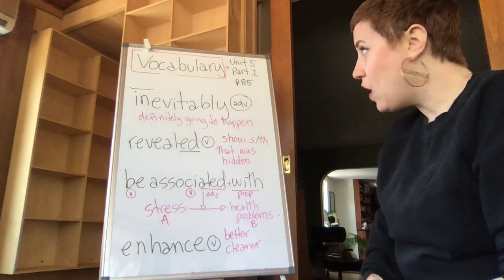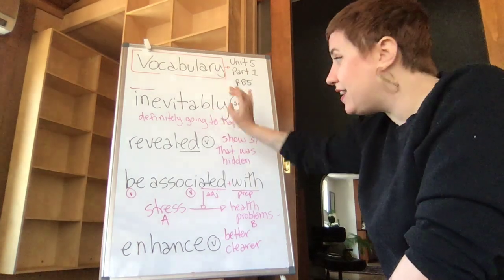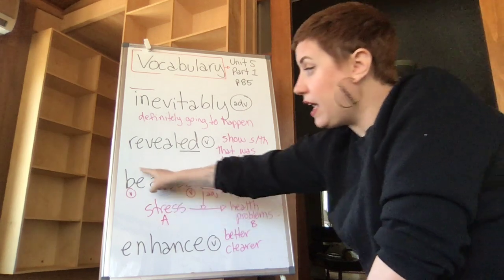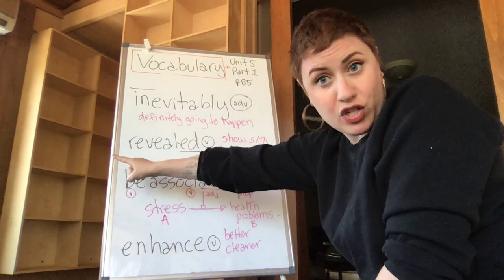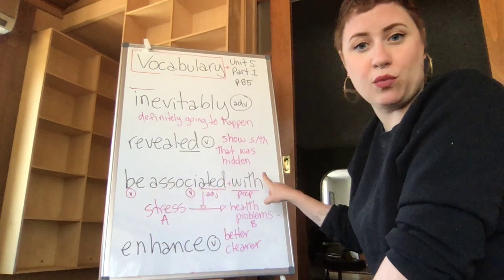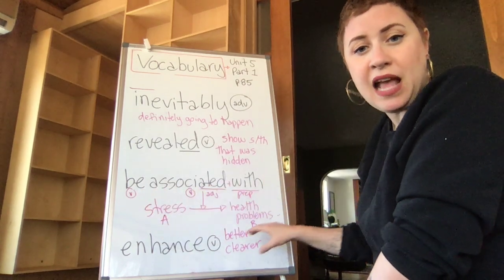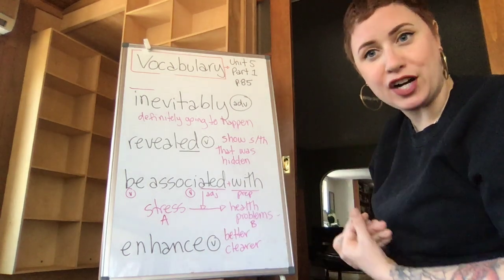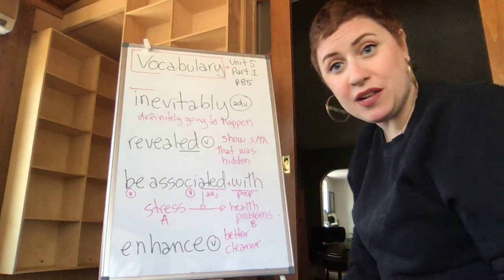Yeah? Okay, so inevitably, revealed, be associated with. Again, this verb will agree with whatever subject is here. So it's like stress is associated with health problems. And enhance is to make something brighter, clearer, better. So those are our vocabulary words.